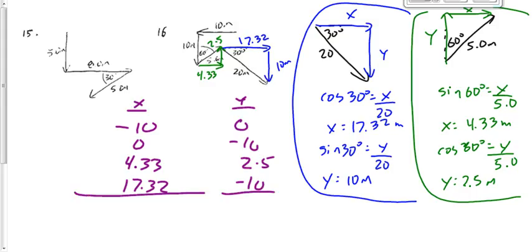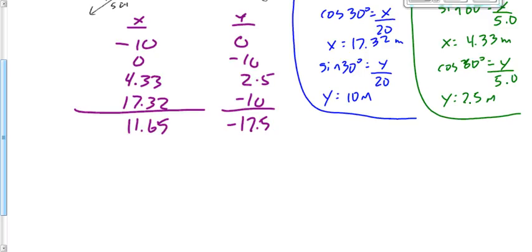All right. What do we got here? 4.33, 17.32, 6.5, 21.65, 11.65. And this gives me negative 17.5. And now it's just a matter of Pythagorean theorem, right?